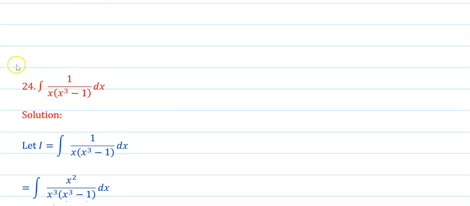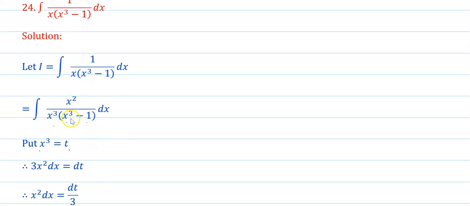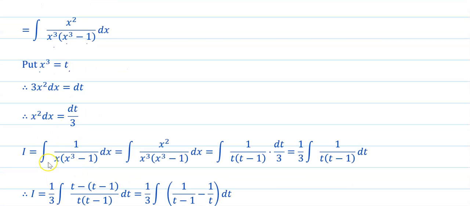Now again a problem, something different that we have to consider here. By which term should we multiply? X cube is t. Its derivative is 3x square into dx is equal to dt. Therefore x square into dx is dt by 3. Therefore our integral changes to integral x square into dx upon x cube into bracket x cube minus 1.